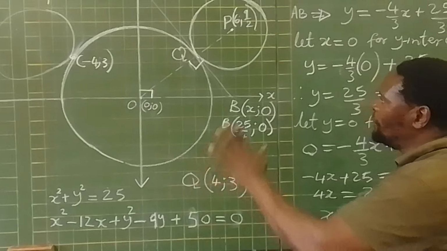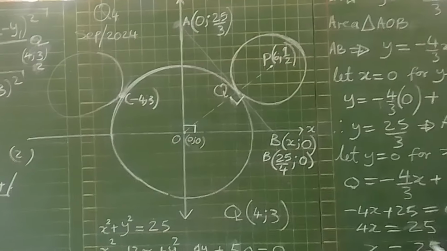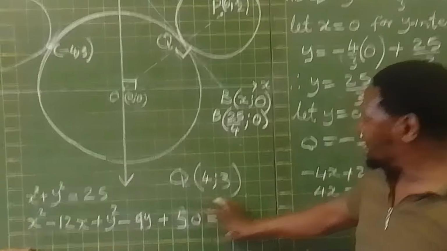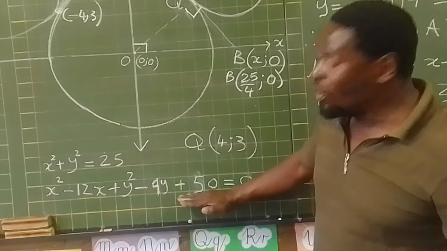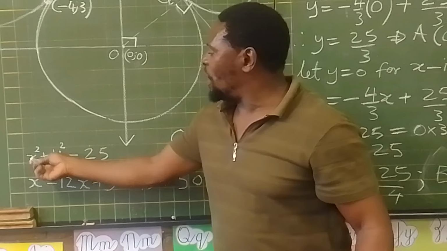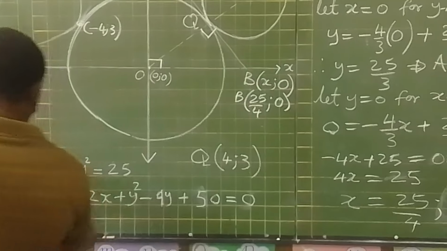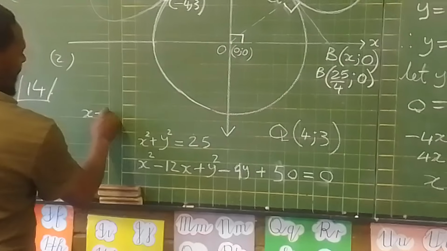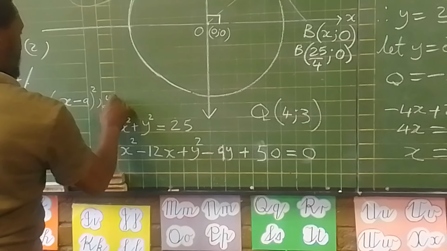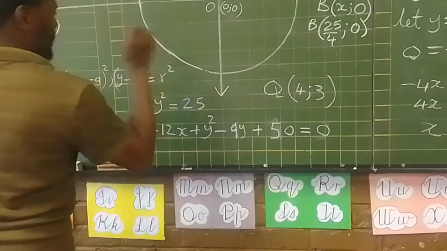But if it is not from the origin, it is away from there. That is where the completing of a square comes in. You take the equation, which will be given, and you complete the square. What you will find will be in the form of x squared plus y squared equals 25, and in this case it will be (x minus a) squared plus (y minus b) squared equals r squared.